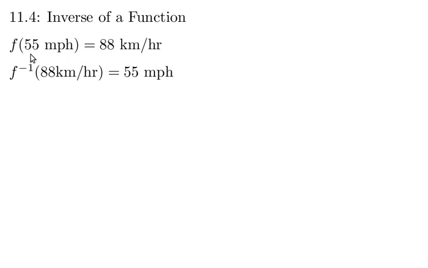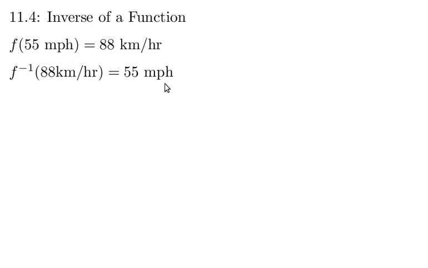So instead of going from miles per hour to kilometers per hour, we're going in the opposite direction, kilometers per hour to miles per hour. So that's what the use of this is. It's often very important to be able to go in the opposite direction of the original function.